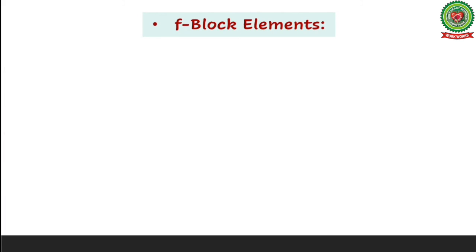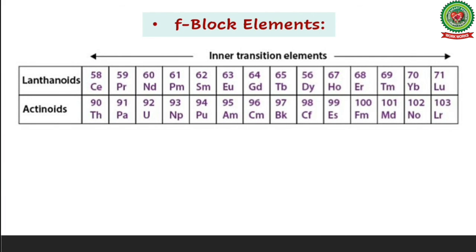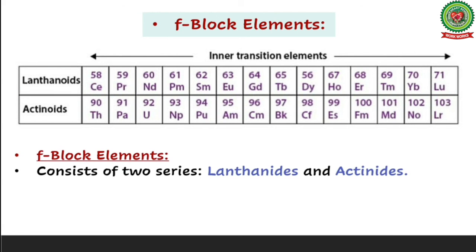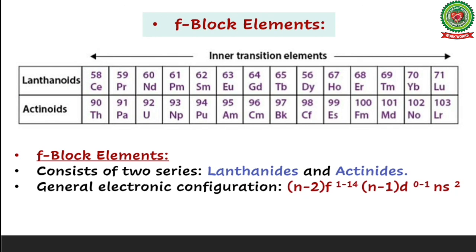The next element classification that we need to study is the F block elements. They are present at the bottom of the periodic table and consist of 2 series, that is lanthanides and actinides. The lanthanides and actinides are also known as lanthanoids and actinoids, and their general electronic configuration is (n-2)f1 to 14 because f consists of 7 orbitals.